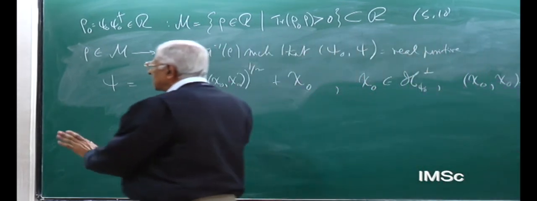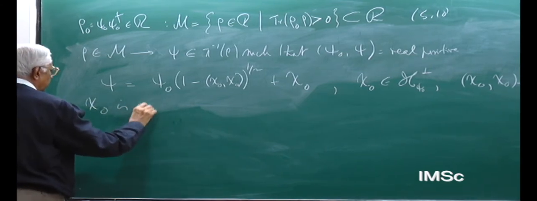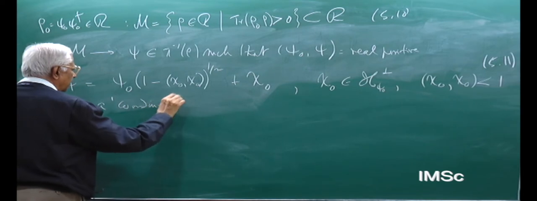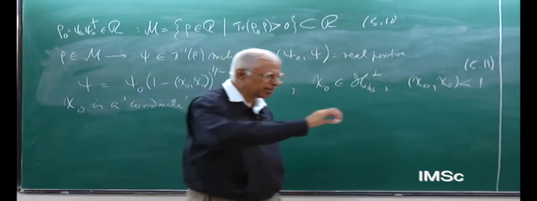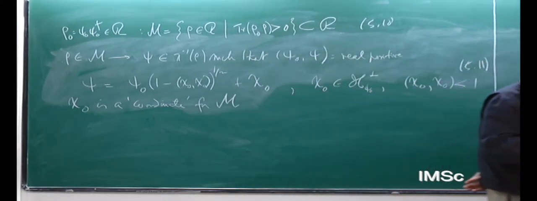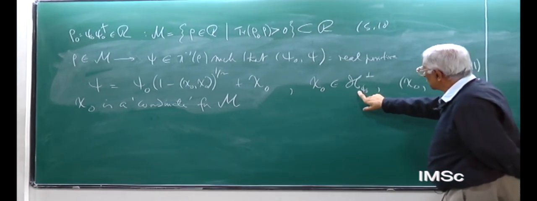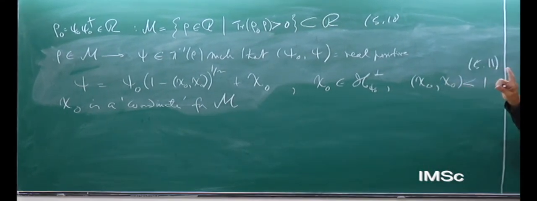I'll just write it and then give more details. Chi 0 is a coordinate in a generalized sense for M. Every point in this neighborhood of rho 0 uniquely corresponds to some chi 0, a vector in Hilbert space in the subspace of H orthogonal to psi 0 and with length strictly less than 1.